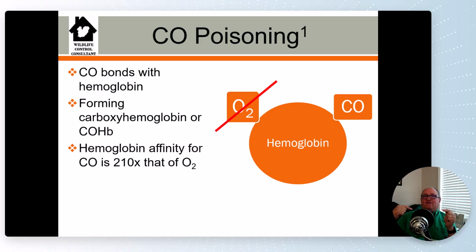So what you have is hemoglobin now moving through your body. When it should be carrying oxygen, it's carrying carbon monoxide. So it's not available to carry that oxygen to your body. So you basically die, you suffocate at the cellular level. You're still moving air in and out of your lungs, but it's not getting to the cells. Why? Because carbon monoxide has taken the seat that should be occupied by your oxygen.